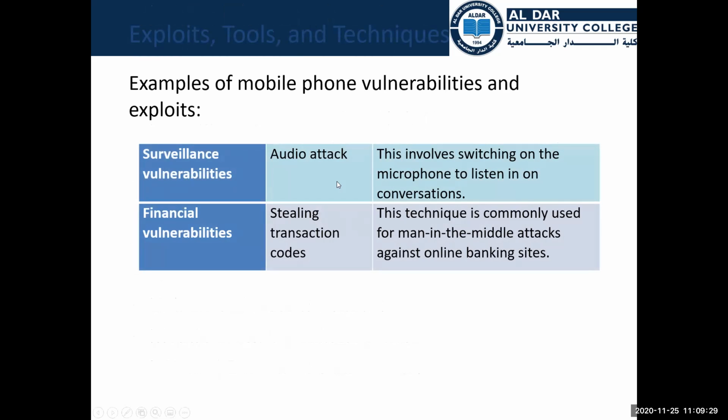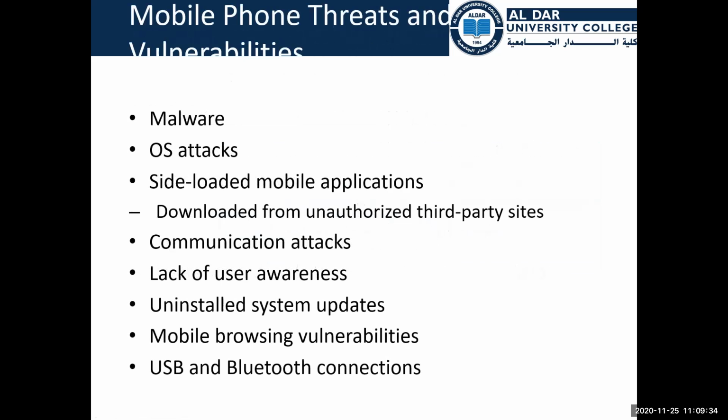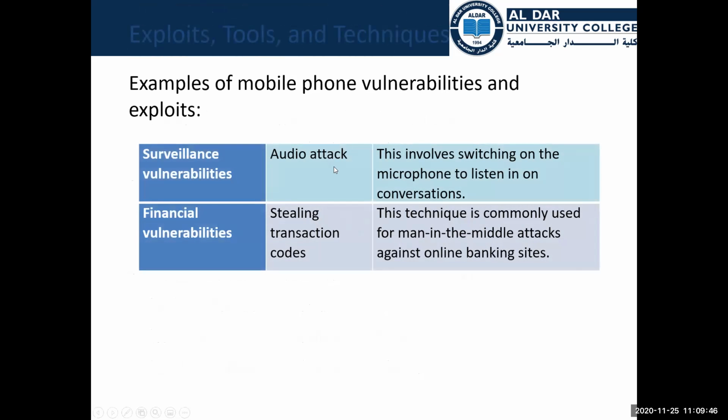I want to differentiate between these two. Vulnerabilities are weaknesses in the system, but these are plans for attack, tools that may be used to carry out an attack. They are different because these are more planned, using multiple tools and so on.